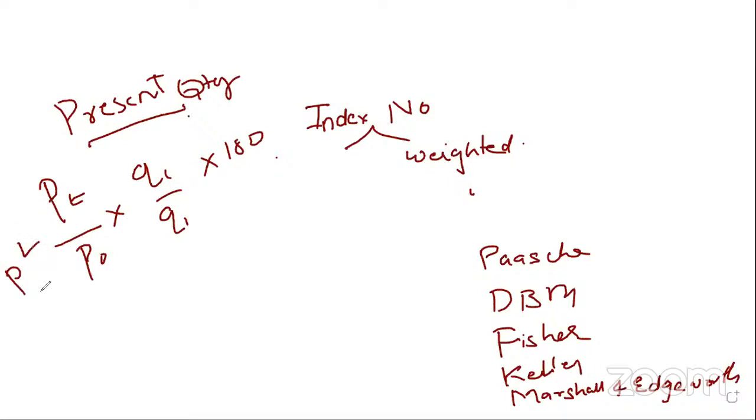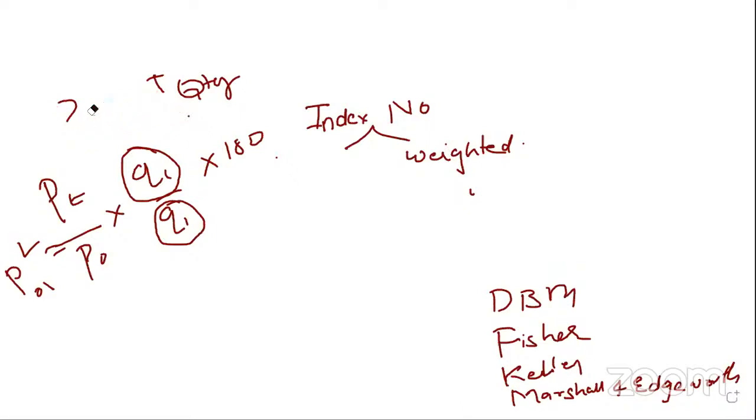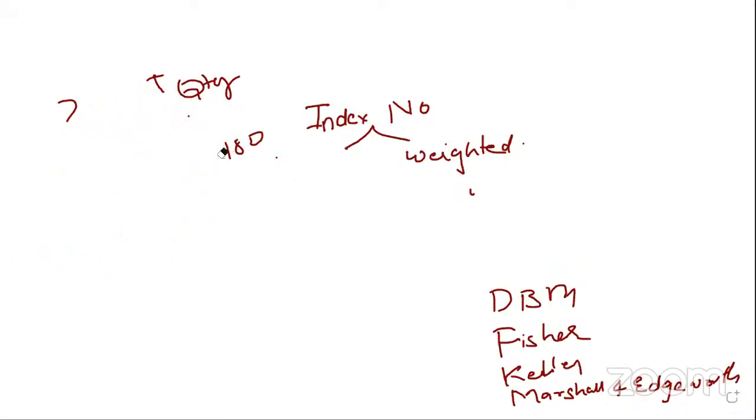Price index of Paasche is like this. Have you understood? Just current year quantity is taken as weights. This is your Paasche price index. I hope you're understanding. Yes, sir. Okay. So Laspeyres and Paasche, these two are very important.